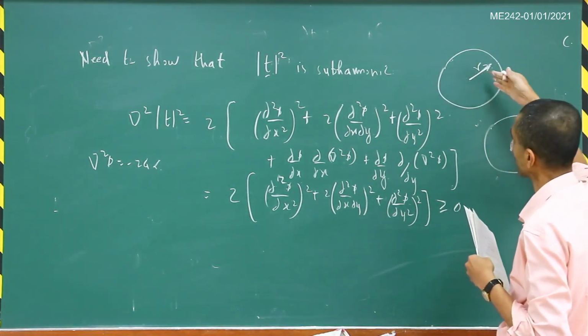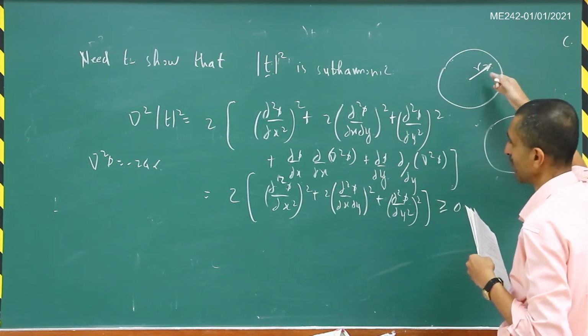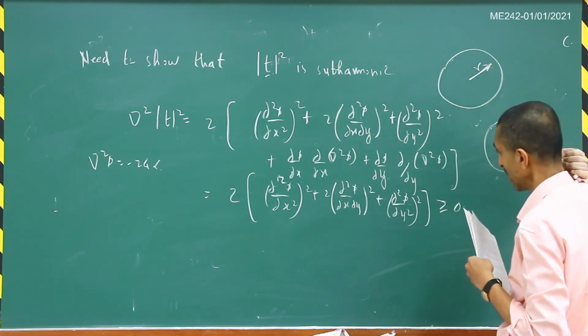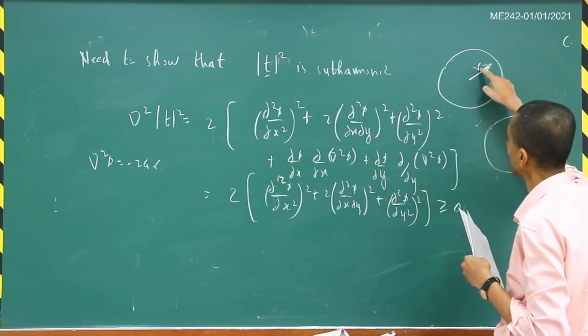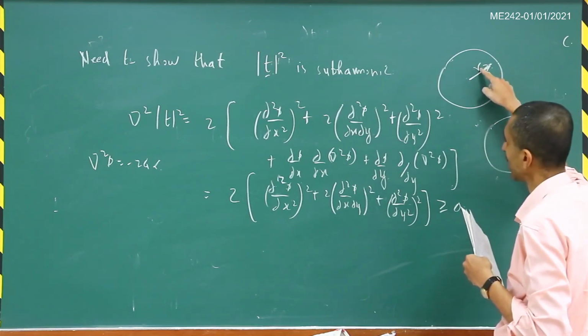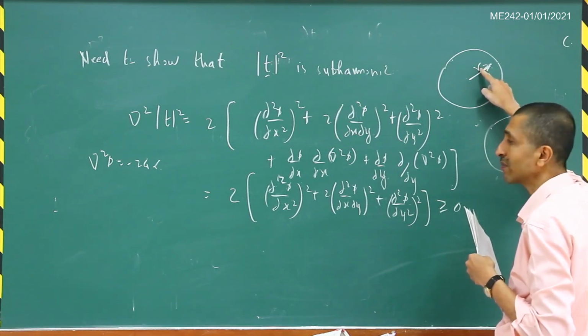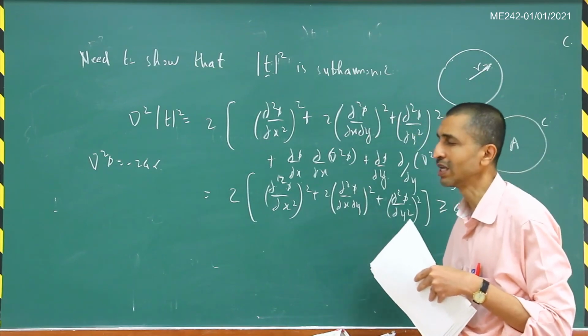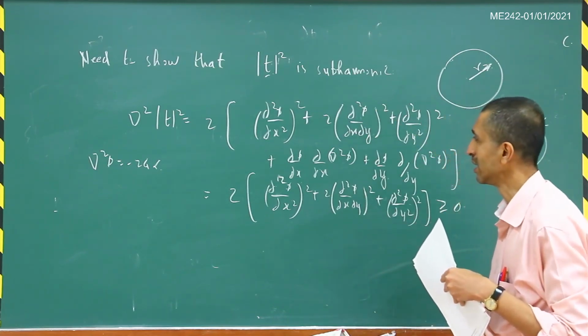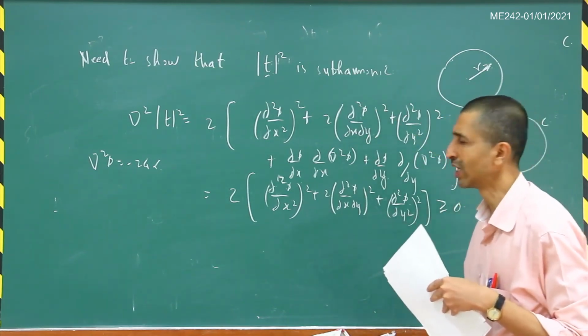So in the case of a circular cylinder, we are already familiar with this particular result. And because it varies linearly with R, we may expect that the farther away you go from the axis of torsion, the more the shearing stress will be.